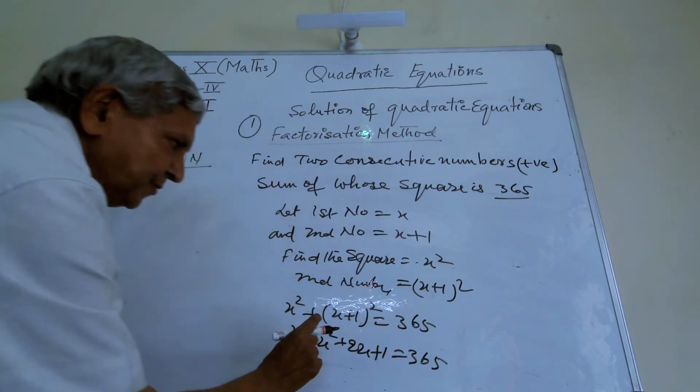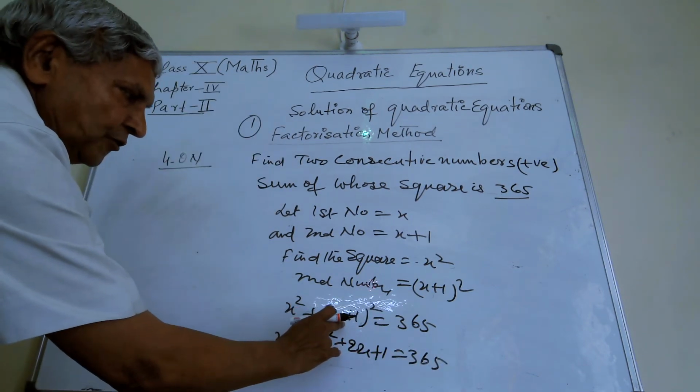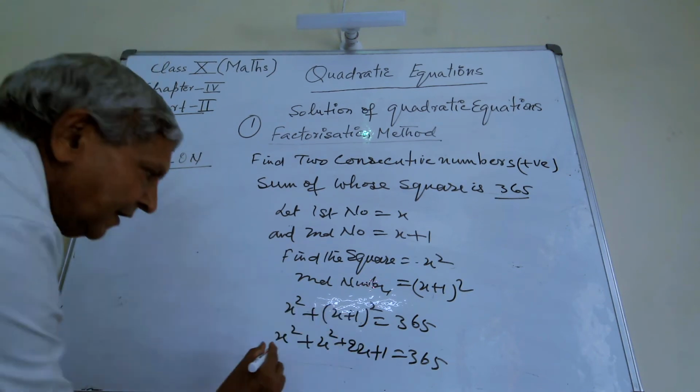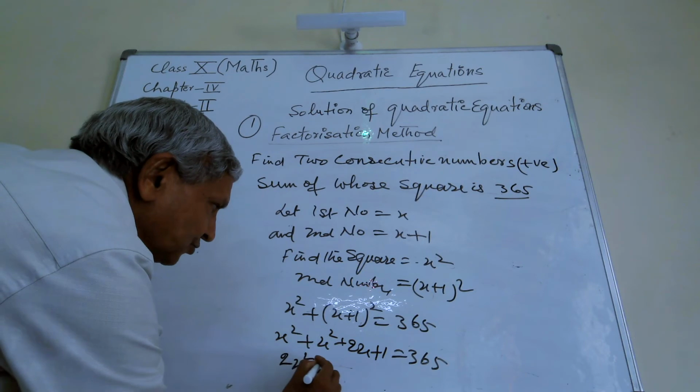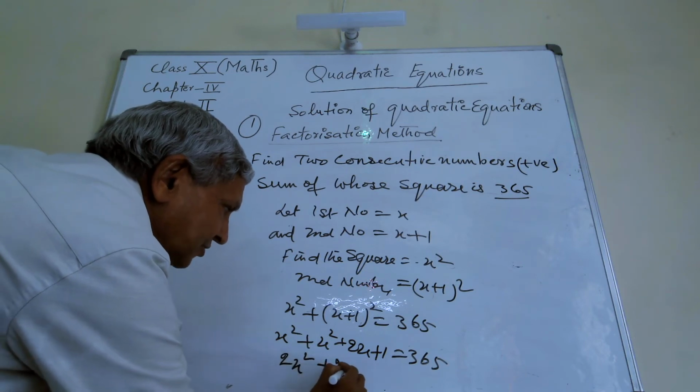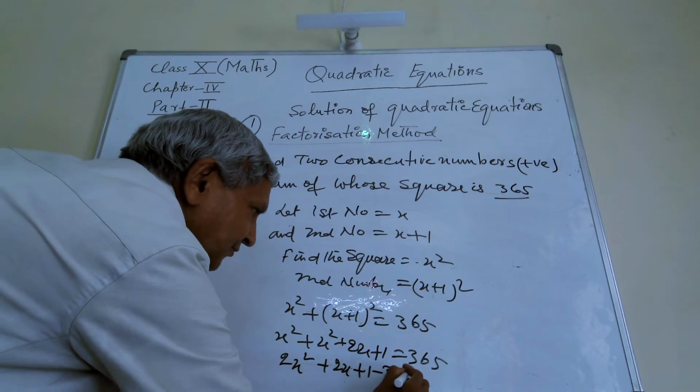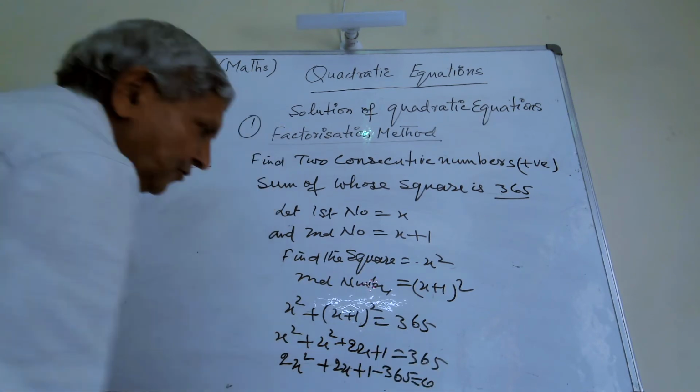This is a plus b whole square, which is equal to a square plus b square plus 2ab. And 2x square plus 2x plus 1 minus 365 is equal to 0.